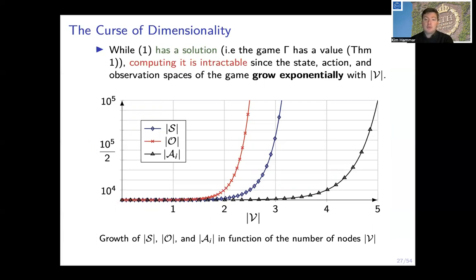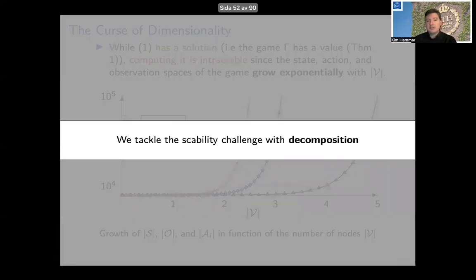But even with only 4 nodes, you run into a combinatorial explosion, which makes the game intractable to solve. This is clearly a big challenge because we are looking at a target infrastructure with 64 nodes. To tackle this challenge, we propose a decompositional approach, and that is our main contribution that I will talk about next.